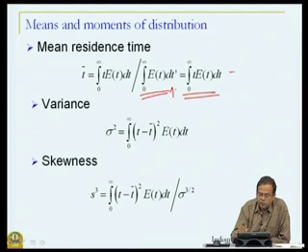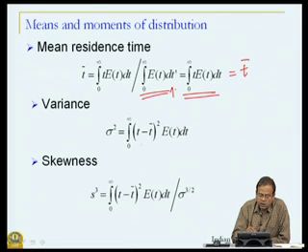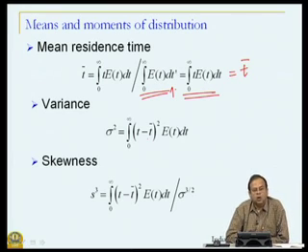So, this is my mean residence time, the first moment of the distribution. Variance, that is t minus t bar, that is mean residence time, the whole square e of t dt, gives me the distribution around this mean.